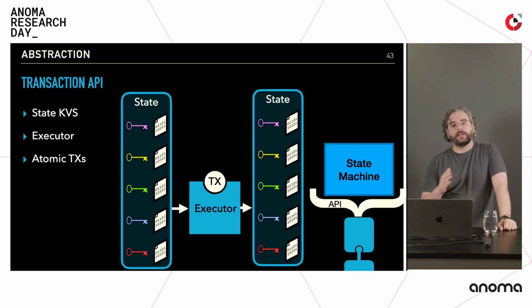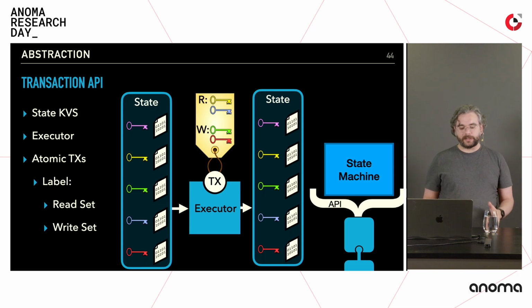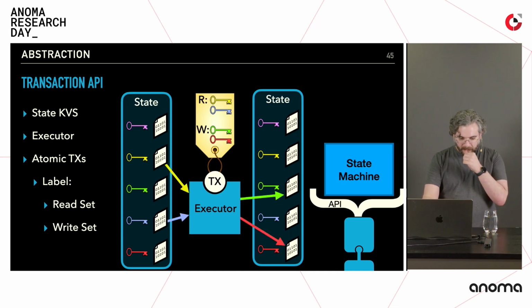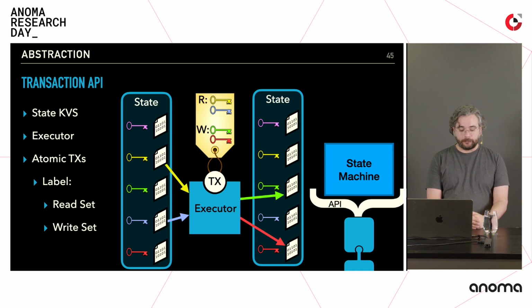Unfortunately, this isn't enough to run things concurrently. We're going to need to tag each transaction with a label that the system can understand, specifying a set of keys that the transaction candidate might read and a set that it might write. Solana does something like this under the hood. Then, when we run the executor with that transaction candidate, it's only allowed to read keys in the read set and write keys in the write set.